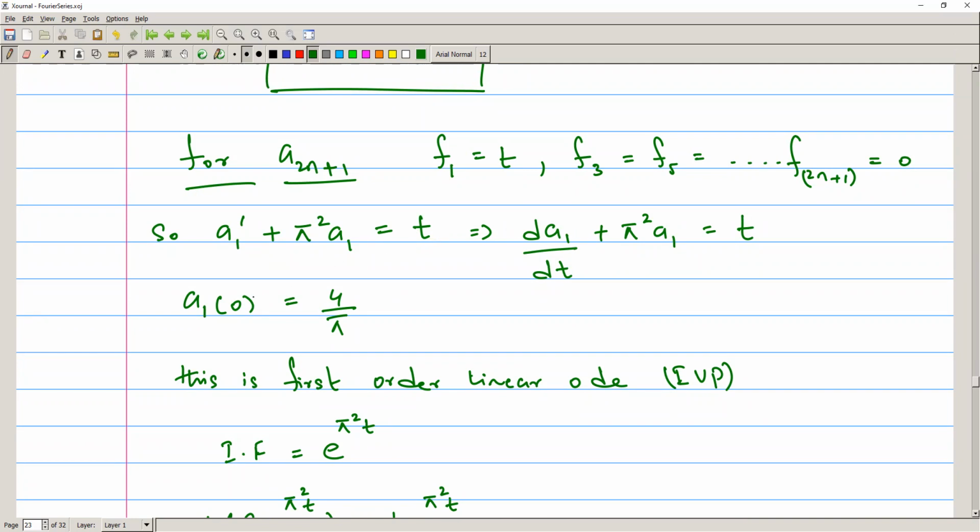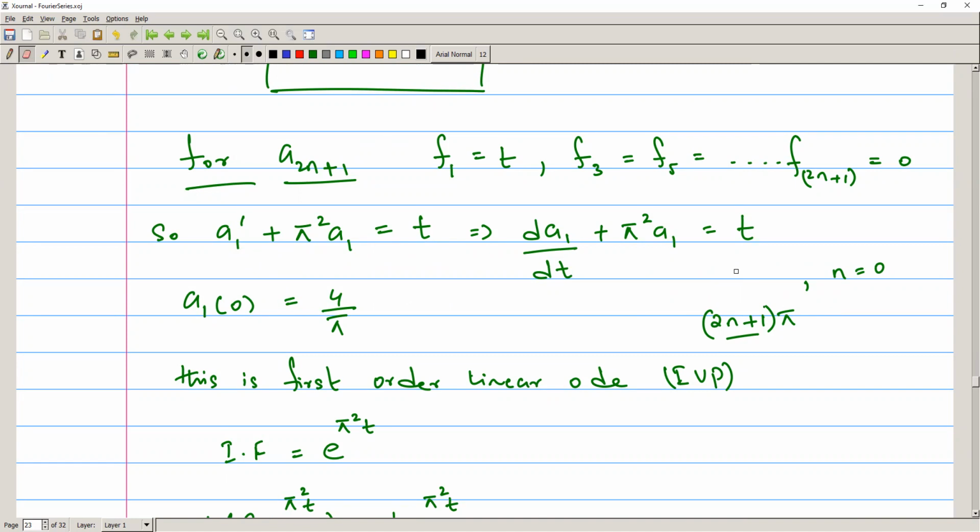The initial condition will be 4 over pi, because the condition is 4 over (2n plus 1) pi, and when we put n equal to 0 here for 2n plus 1, we will get a1, right? So we need a1 because f1 is equal to t. So we are going to treat this separately. Therefore, we have written this separately.